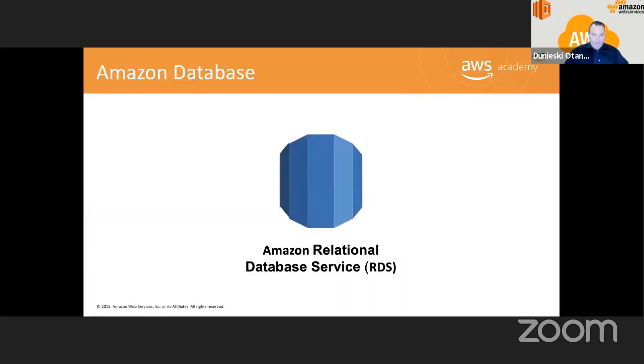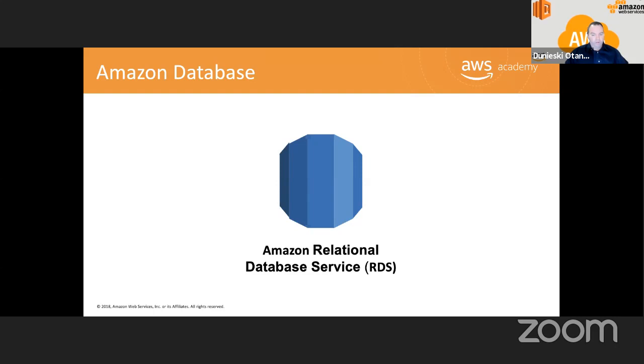Okay, RDS. This is the symbol, the icon of RDS. If you take a look at the Aurora icon, it's the same thing. I don't know why they decided to have the Aurora icon the same as RDS. Maybe because Aurora is proprietary to Amazon.